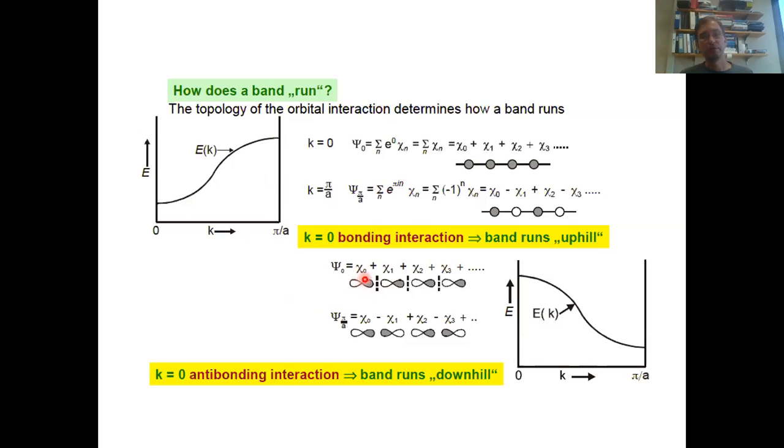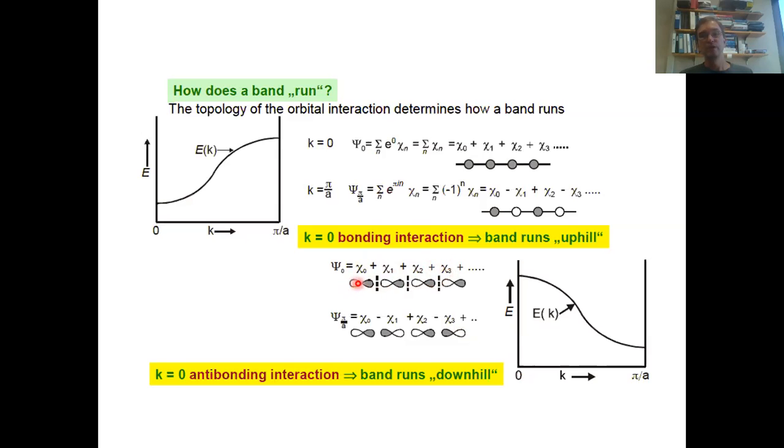Now a p orbital represents the basis set of our wave function for our crystal orbitals. At k equal to 0, we just add up the wave functions, never changing the algebraic sign. What does that mean for the bonding situation of the resulting crystal orbital?